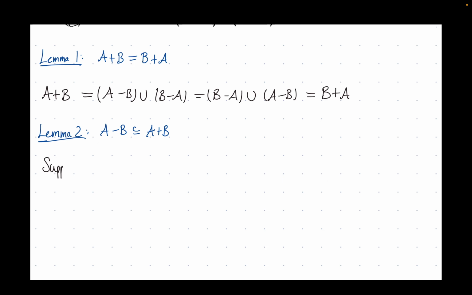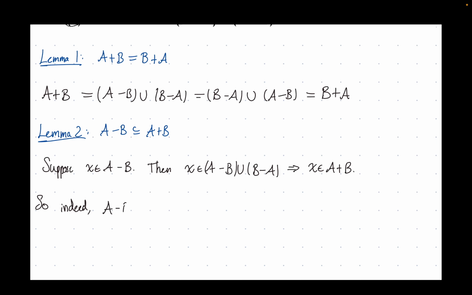So suppose x is in A minus B, then x is in A minus B union anything, and specifically it's in A minus B union B minus A, which implies that x is in A plus B. So indeed, A minus B is a subset of A plus B.